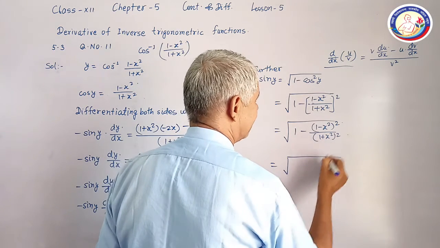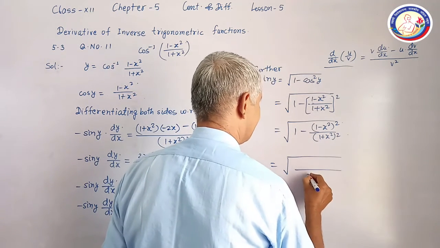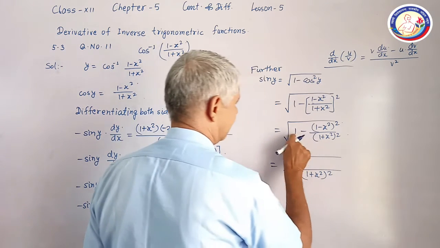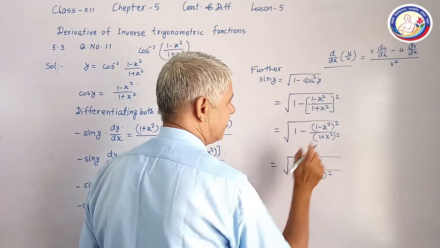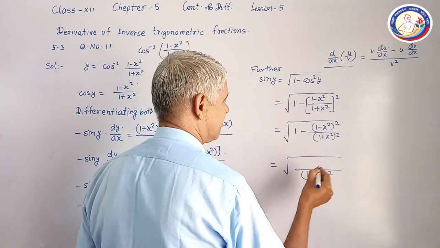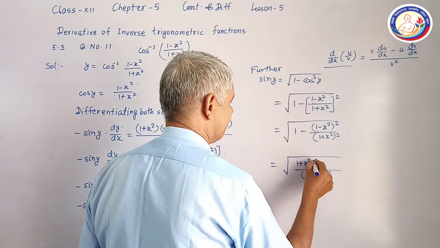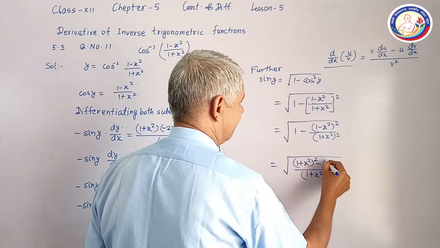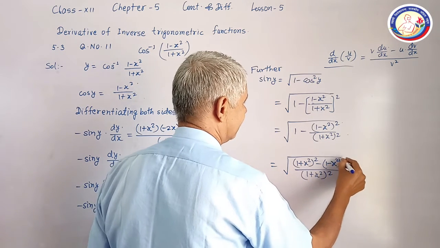Taking the LCM as this factor, we shall have 1 plus x square whole square here, and this is the same here, 1 minus x square whole square.